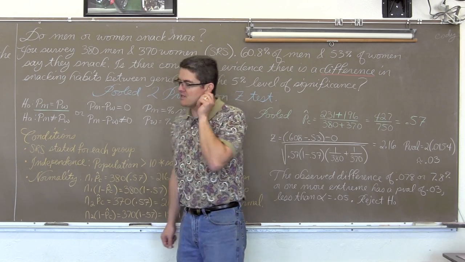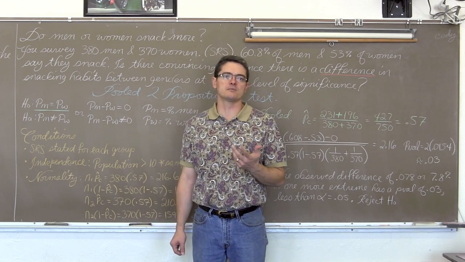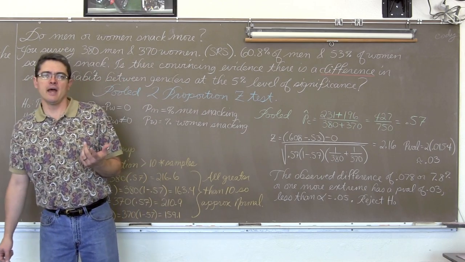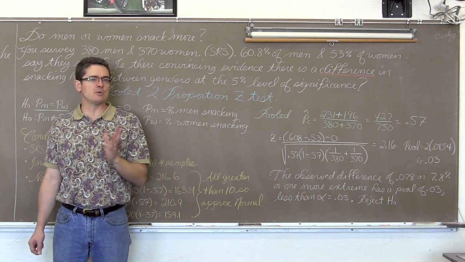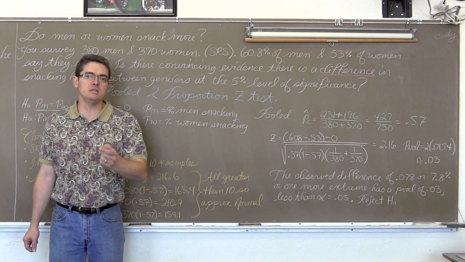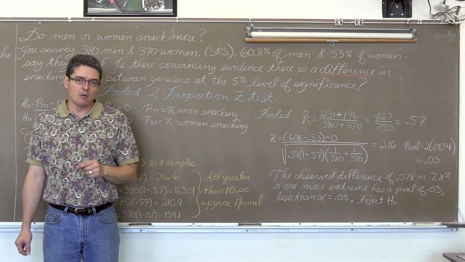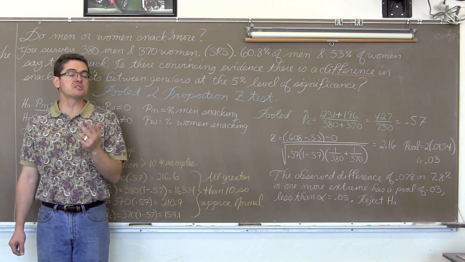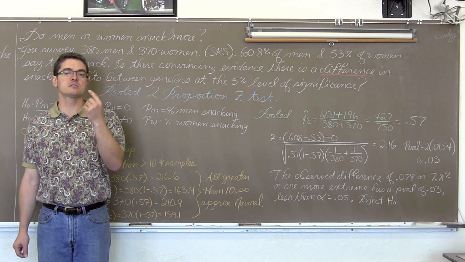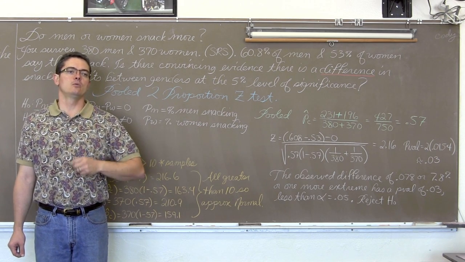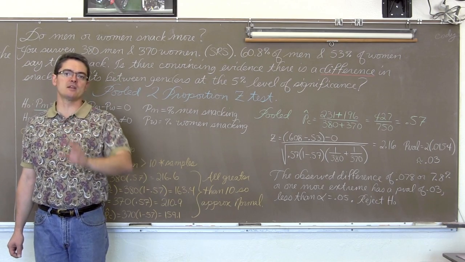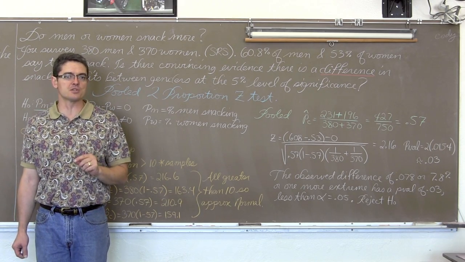So, again, is this means or is this proportions? If it was the amount of snacks in a day, then it could very easily and actually would be a two-sample mean t-test. But the response to each trial, each observation, is: do you snack? Yes or no? So we need more than that for the binomial setting, but that is a huge push in the right direction to say this is going to be proportions.